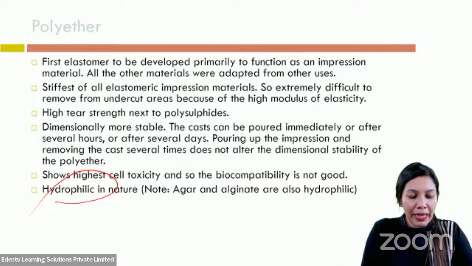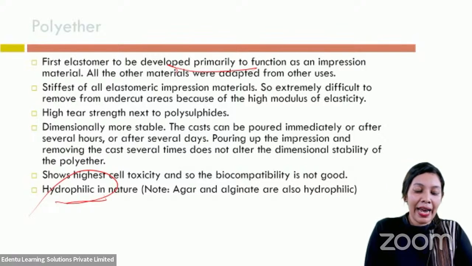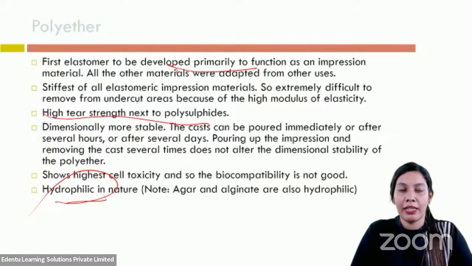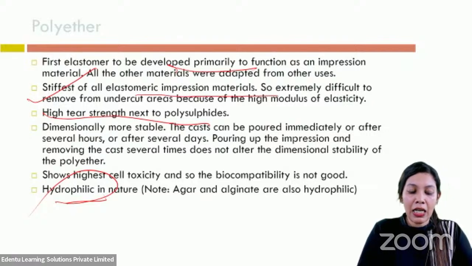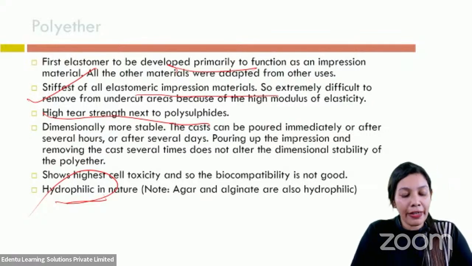So that is one of the main important differences. Its tear strength is next to that of polysulfide, a good high tear strength. Dimensionally, it is more stable, and the stiffest of all elastomeric impression materials. Because of that, it is really difficult to take it out of our mouth.